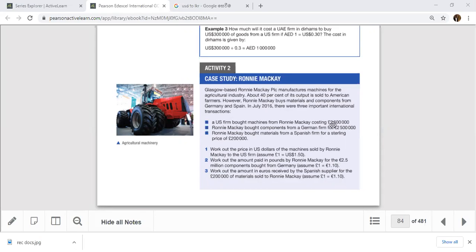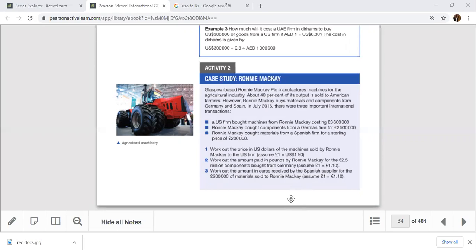Just multiply 3.6 million by 1.5. Using your calculator, 3.6 million multiplied by 1.5 equals 5.4 million US dollars.